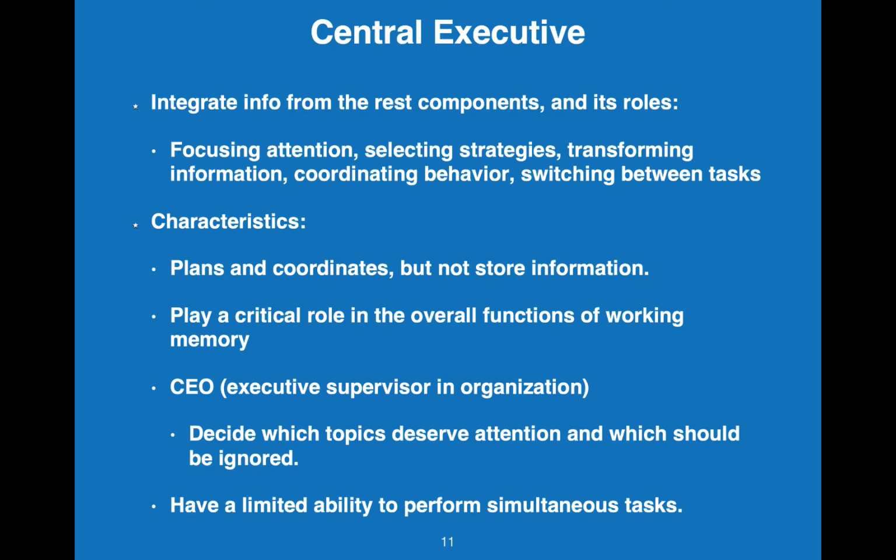So when you have a meeting with the CEO and submit some idea, the CEO listens and decides, oh, that idea is good, we will go for that. Or that idea is not effective, throw it away. So when you select something and when you decide something, you are using the central executive from your working memory.